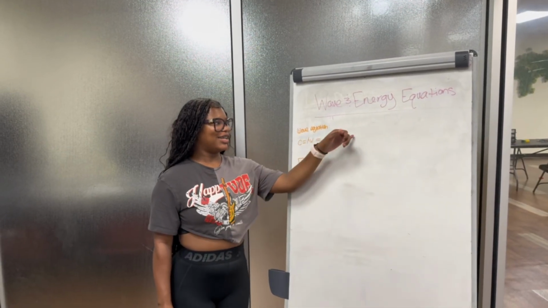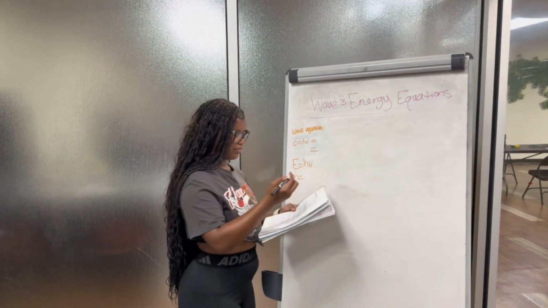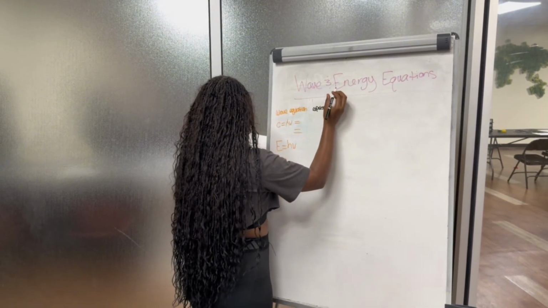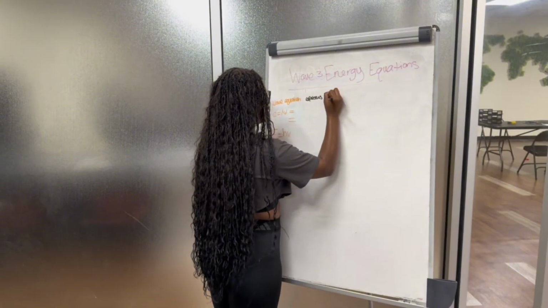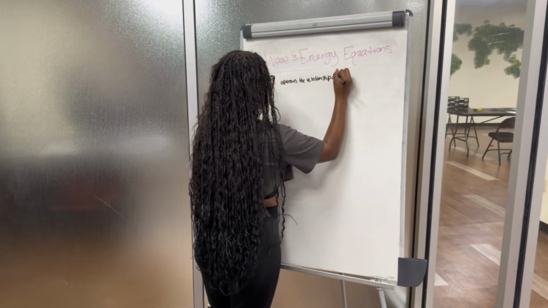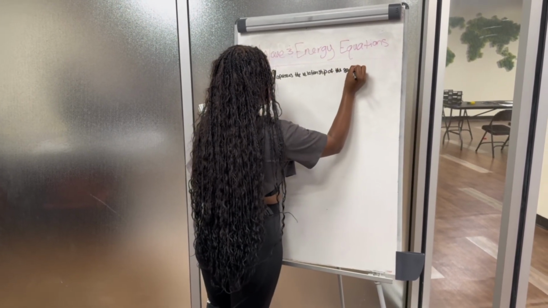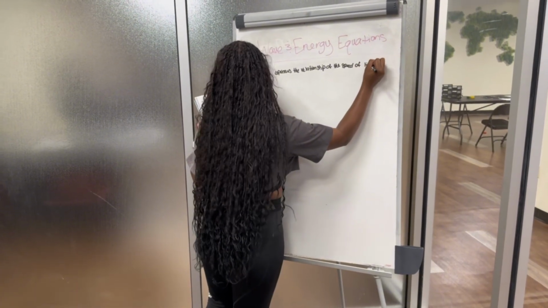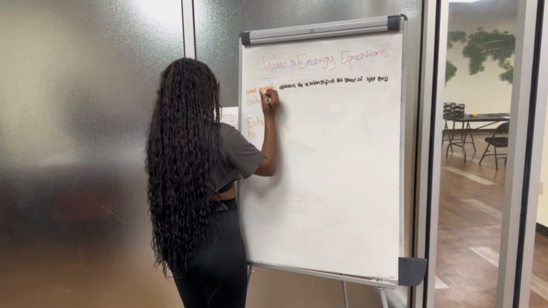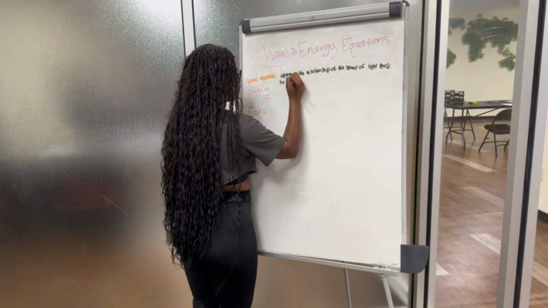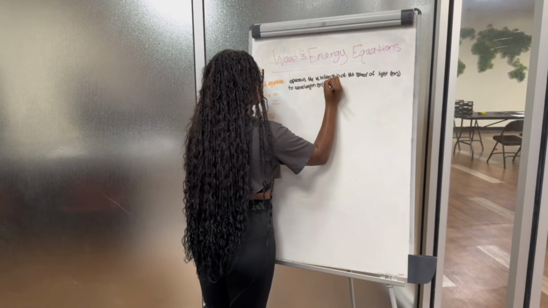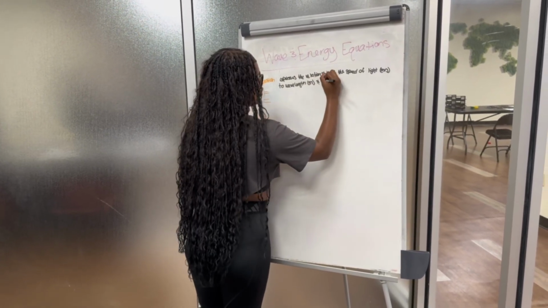Now I'm going to explain wave and energy equations. The wave equation expresses the relationship of the speed of light to wavelength and frequency.